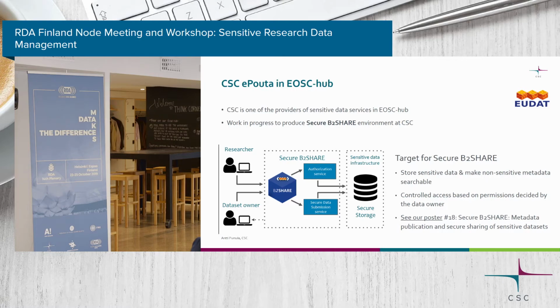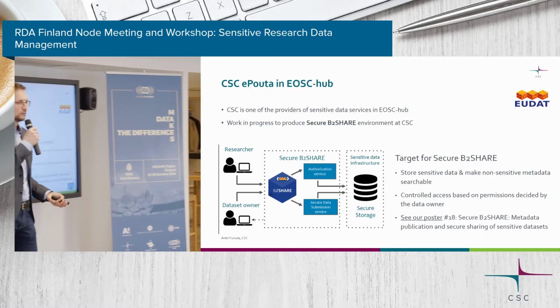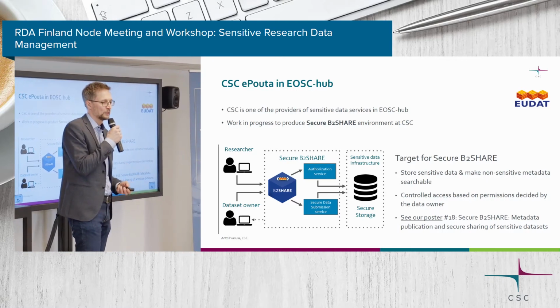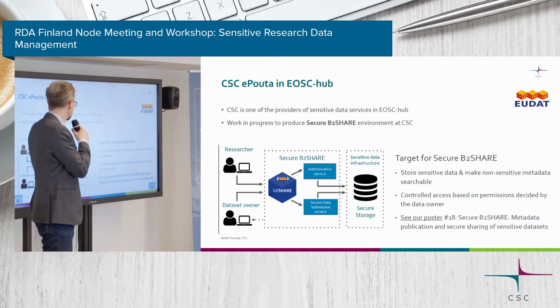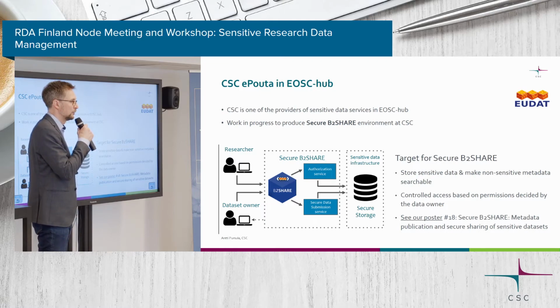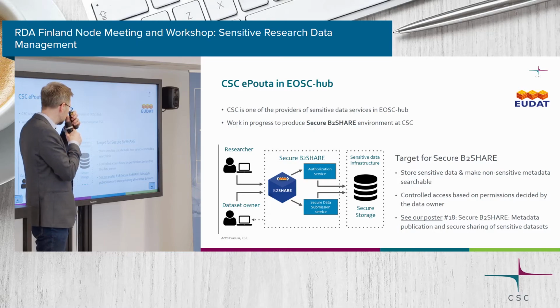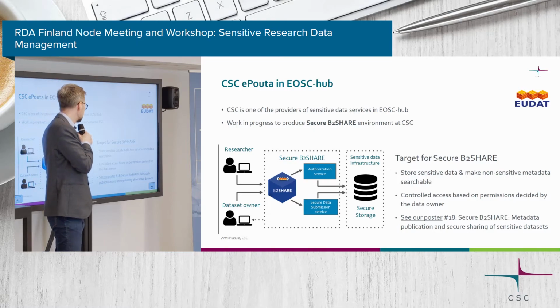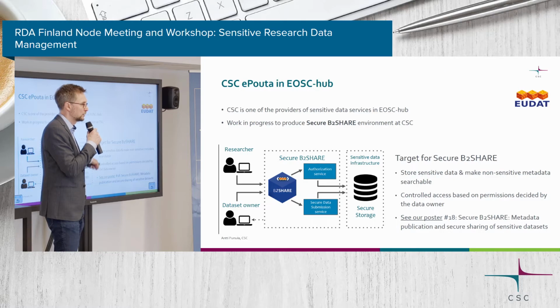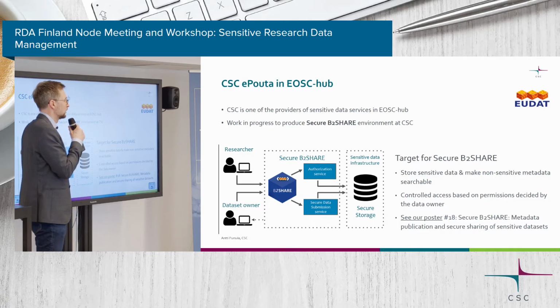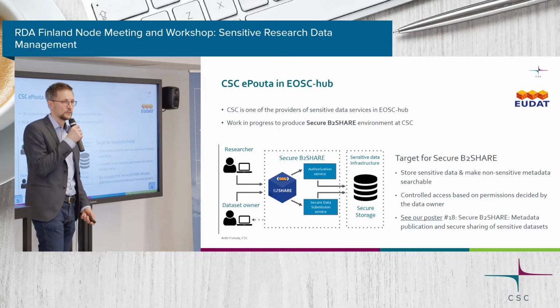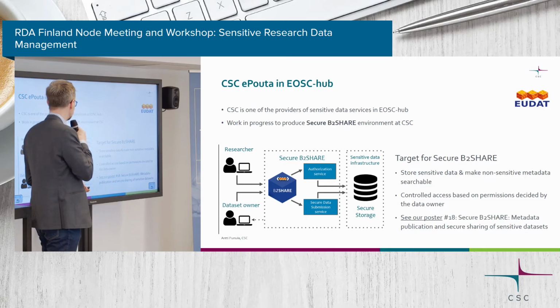It's for storing research data and making it FAIR. So the idea is to produce something called secure B2Share, so that you could actually make sensitive data FAIR at the European level with this service. Here again, the idea is that the actual storage is in a secure setting, like the CSC sensitive data platform, but then you can have at least a certain amount of the metadata available and discoverable for researchers Europe-wide.